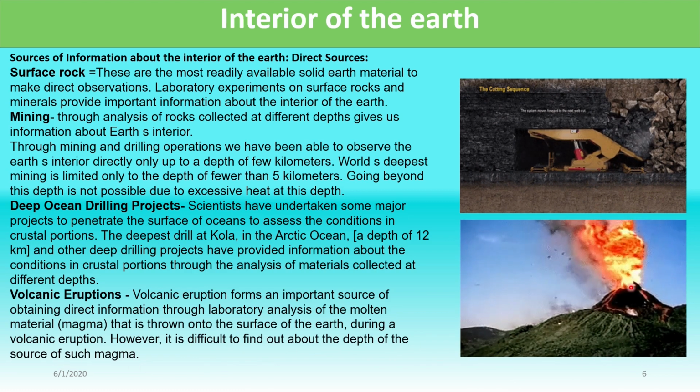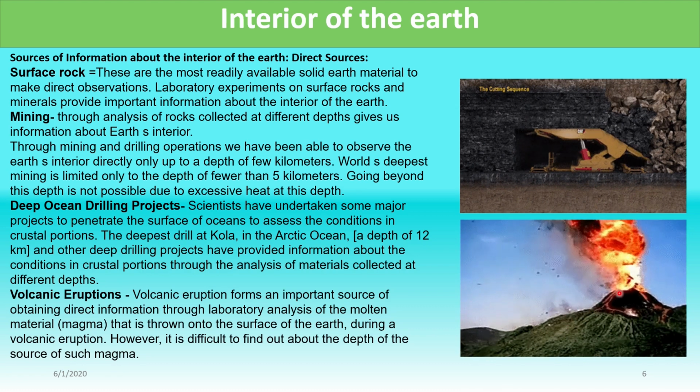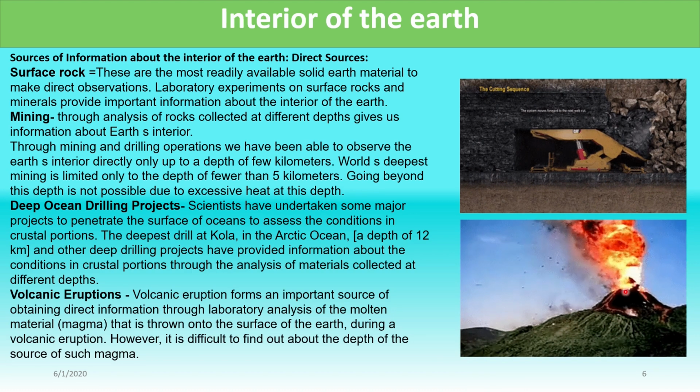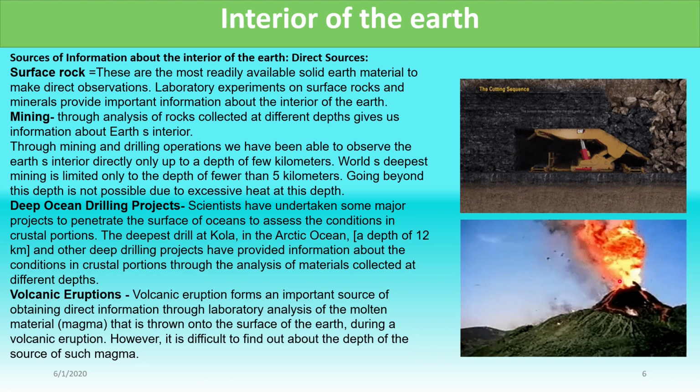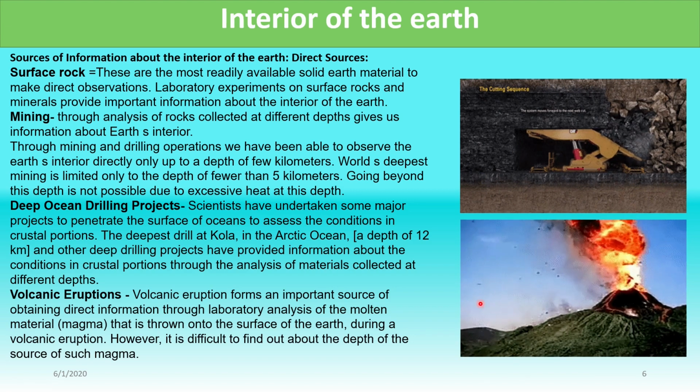Through volcanic eruptions we can get the lava coming out from the magma chamber inside the Earth, as well as pyroclastic materials, the boulders and rocks thrown out from the interior onto the Earth's surface. That also gives us an idea about the interior of the Earth.